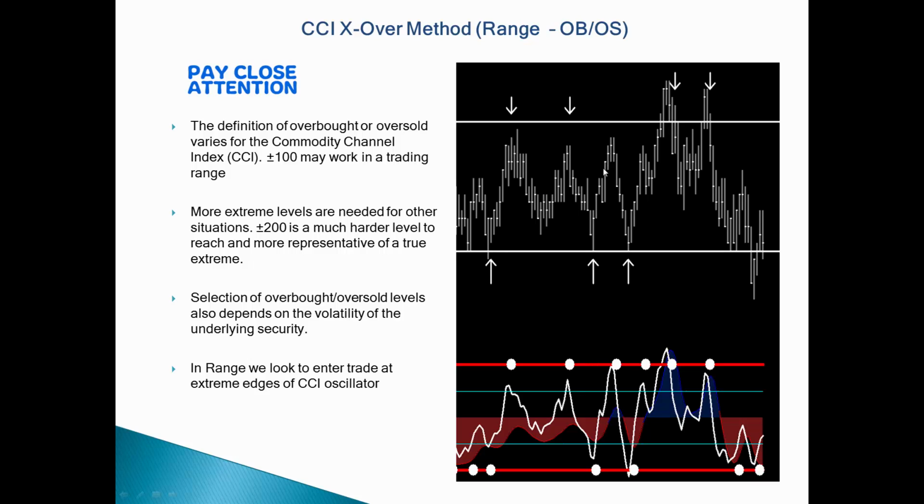And when we trade a range with the CCI, you do not need to use the right side pivot rule. The right side pivot rule works best when there are trending conditions. When you're in range-type conditions, what you really want to be doing is nibbling, buying a small amount near that price edge when the oscillator is beyond the minus 100 or plus 100, or even near the plus or minus 200 level.